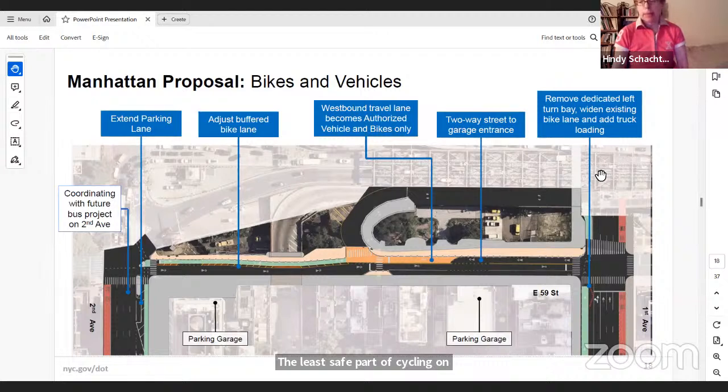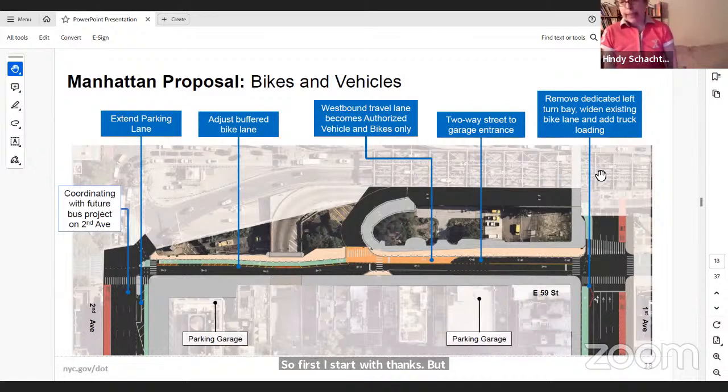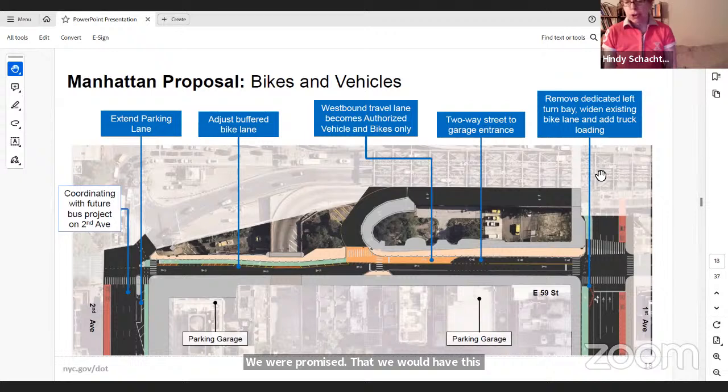So anything that can be done is commendable. So first I start with thanks, but I go quickly from thanks to saying that it's been a long time. We were promised that we would have this roadway, the demarcation, and it's taken a long time.